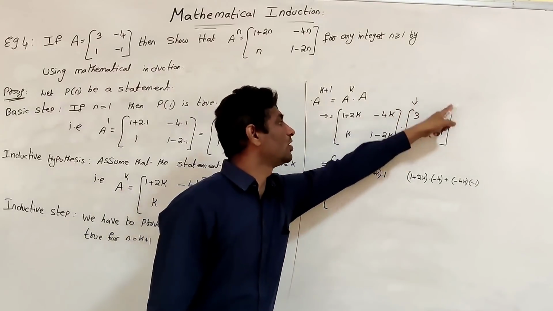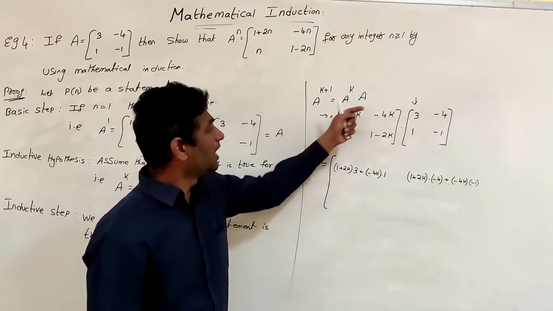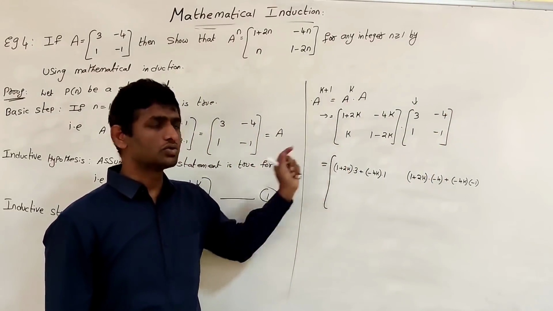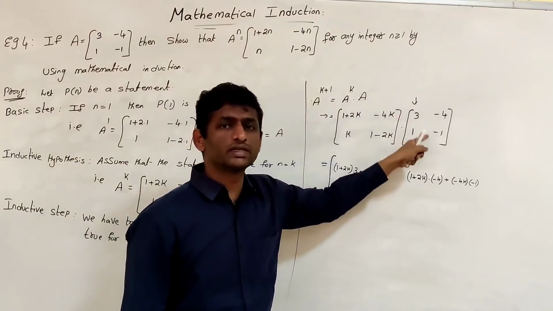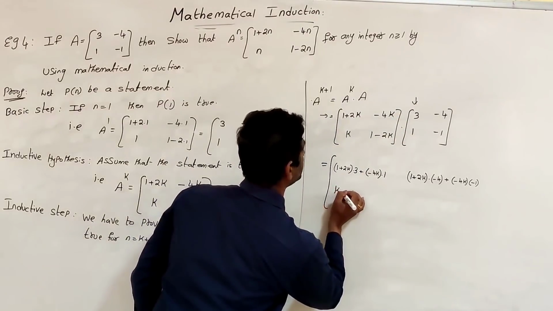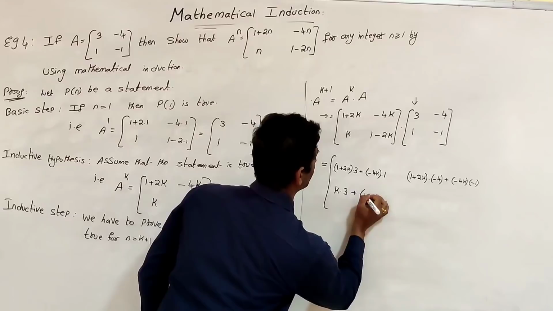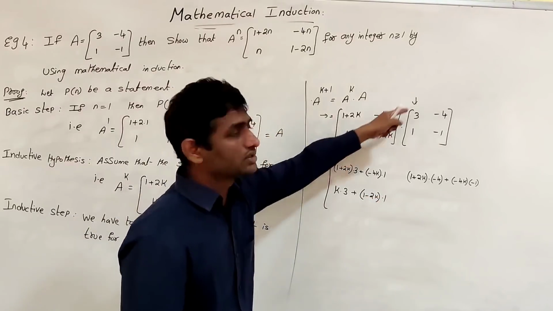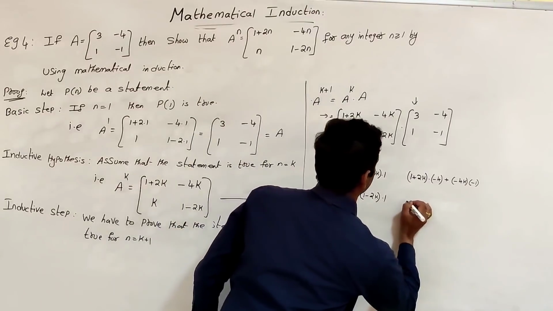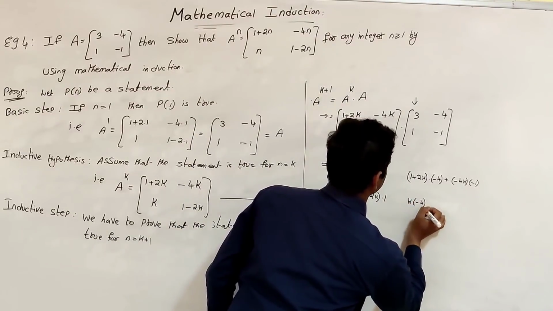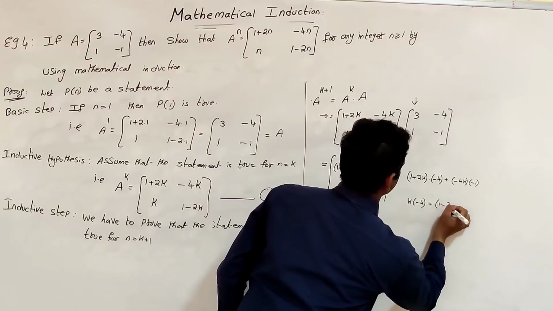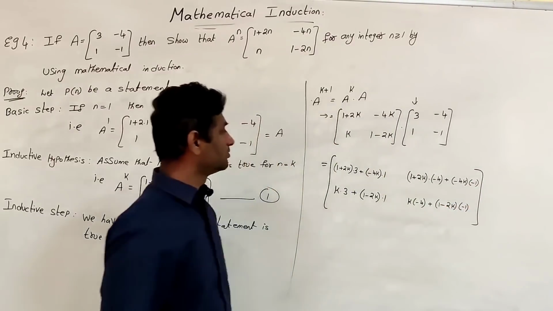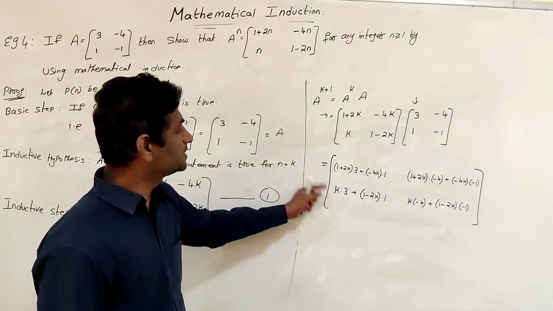As there are no other columns, we'll go for the second row. Second row with column 1 elements: k into 3 plus 1 minus 2k into 1. Next, second row with column 2: k into minus 4 plus 1 minus 2k into minus 1. So this is a 2 by 2 matrix.